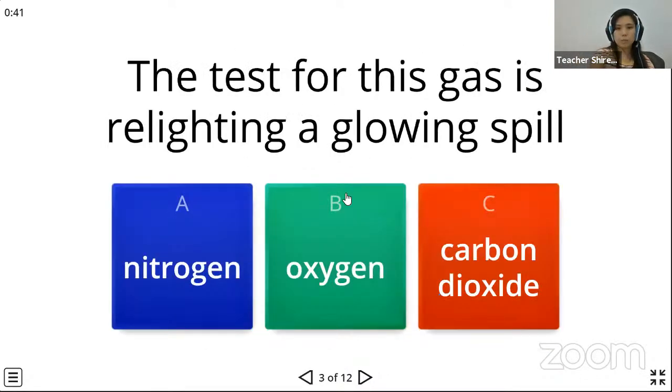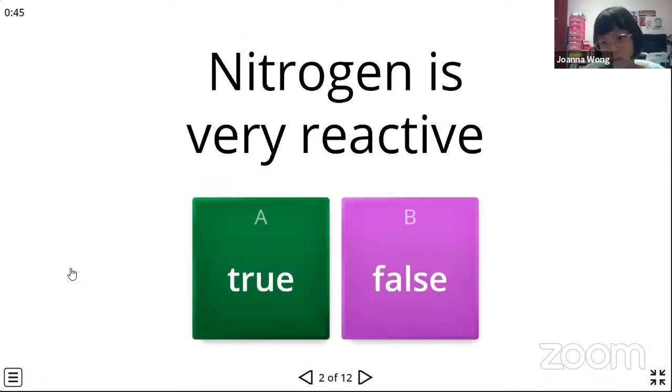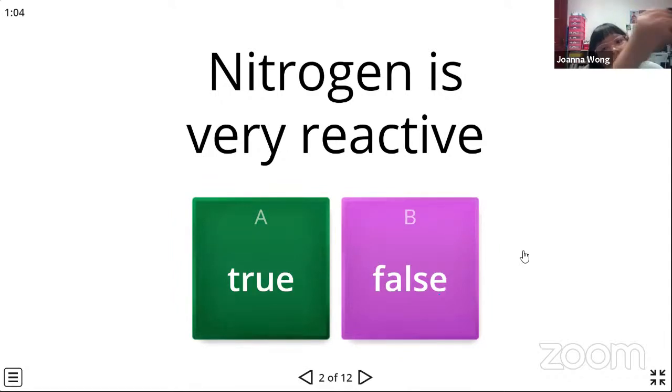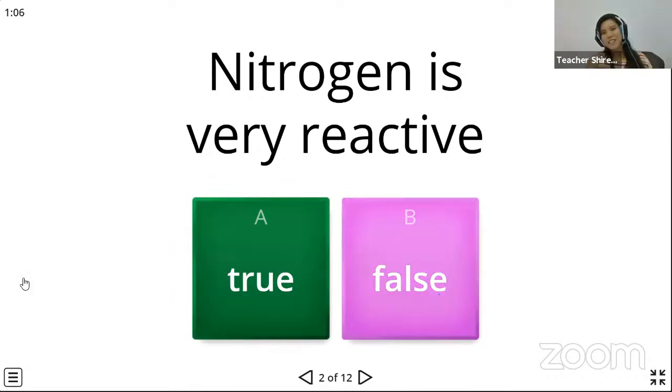Question number 2. Nitrogen is very reactive. True or false? Just now we did write in the live worksheet. Nitrogen is inactive.